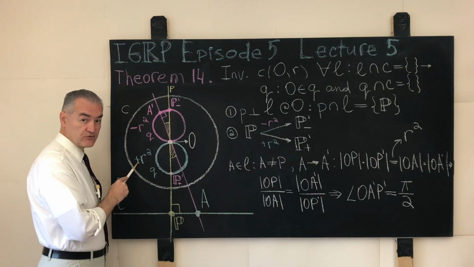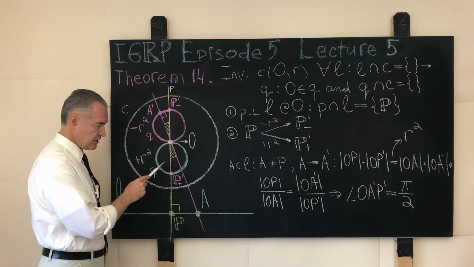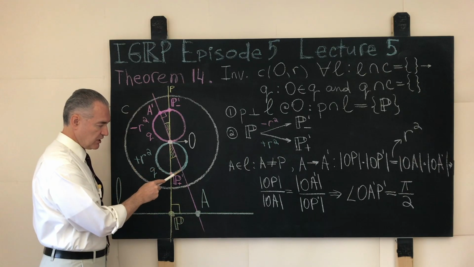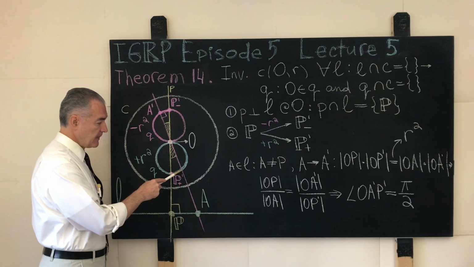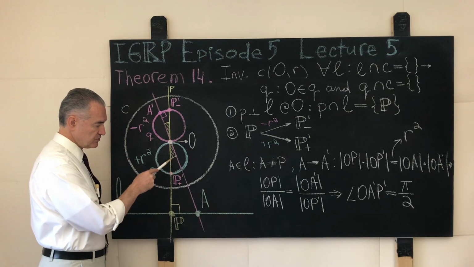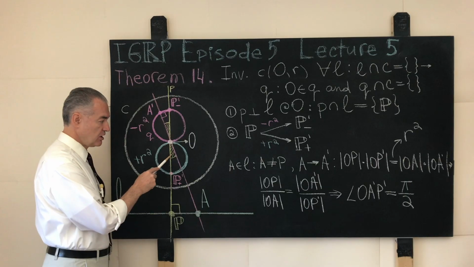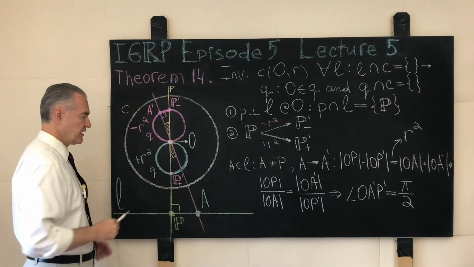When the power of inversion is positive, and that is a proof that you will be generating, here you will have the point A prime over here, and the two triangles of interest will actually physically share one and the same interior angle.